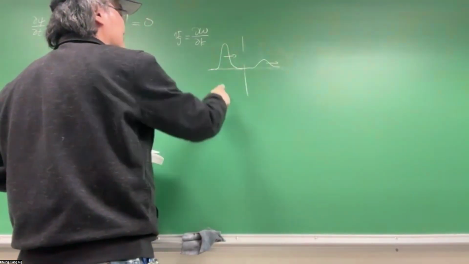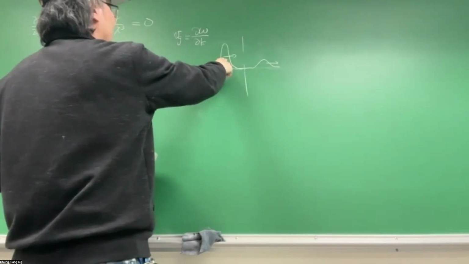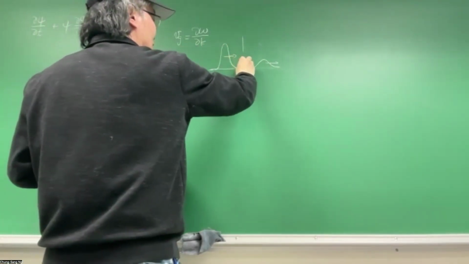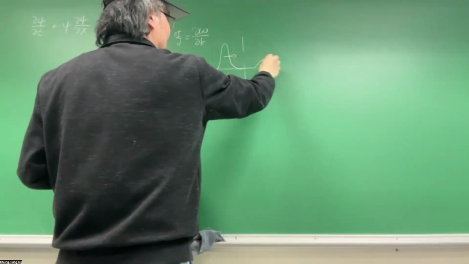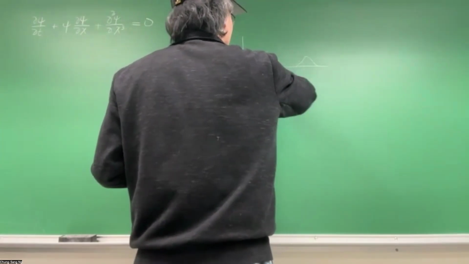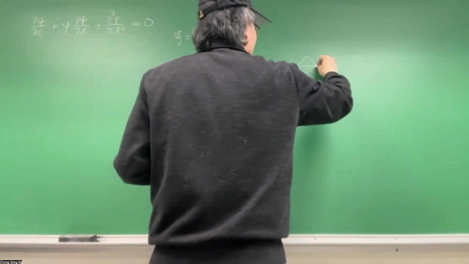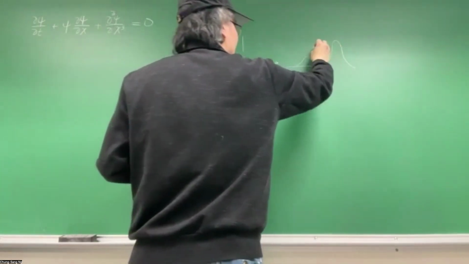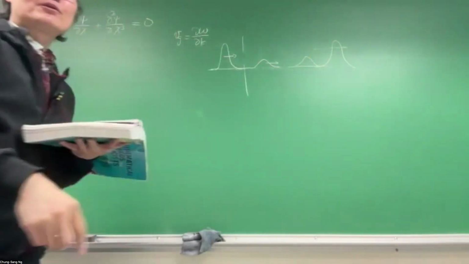But then, because this one has a larger amplitude, this one will move faster than this one. So it will try to pass it later in time. This one will move to here, but then this one has already passed it. This one moves faster and just overtakes the slow one.